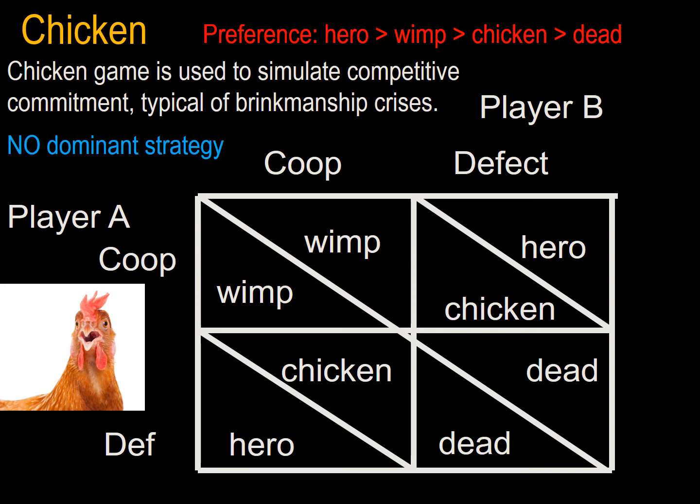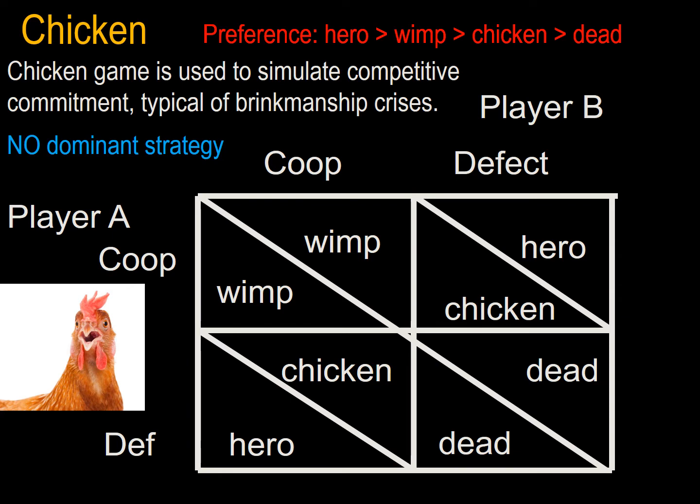So for player B's strategy of cooperation, player A has two choices, cooperation or defection, and there are two payoffs, hero or wimp. Now hero is worth more than wimp, so player A should choose defection. When player A goes to the defection column of player B, player A has a choice between dead and chicken.